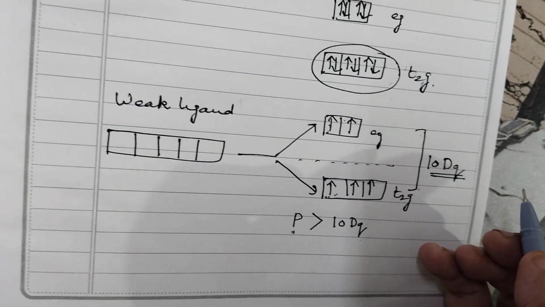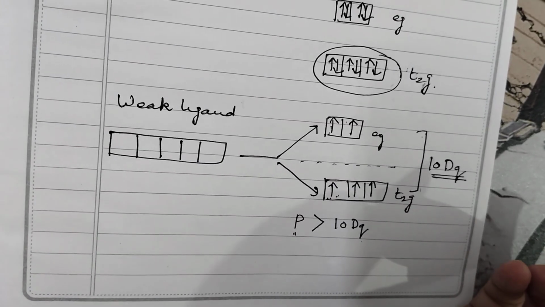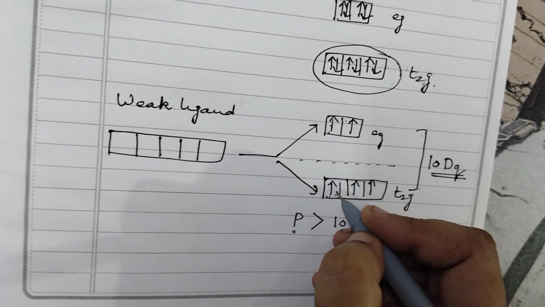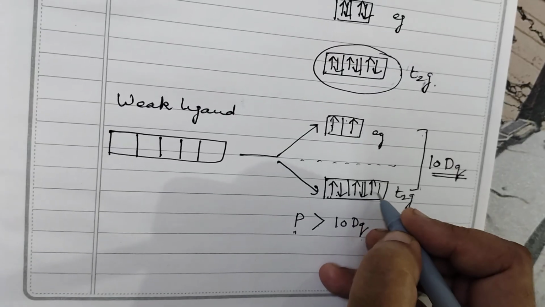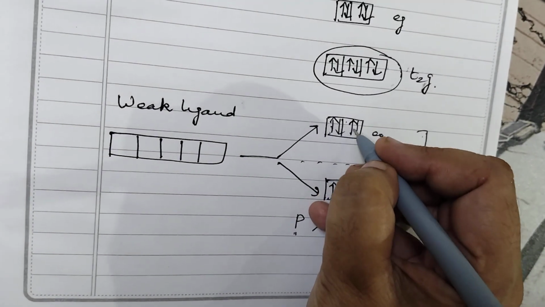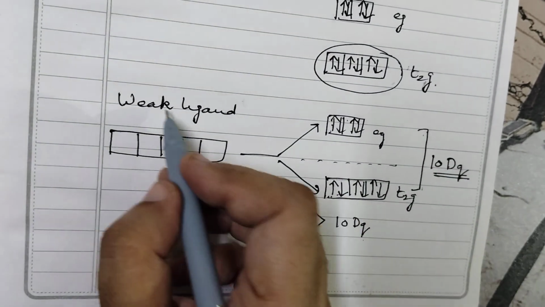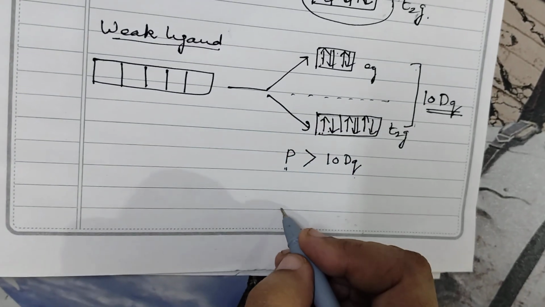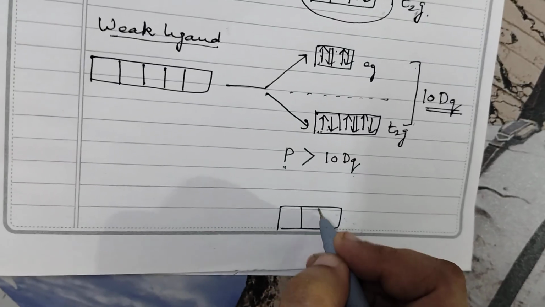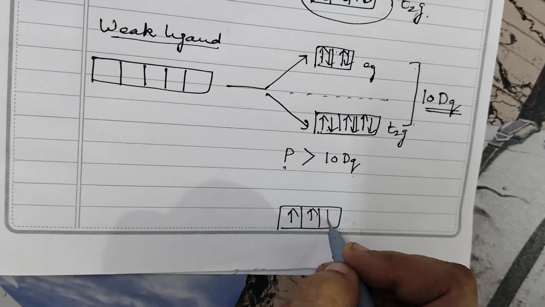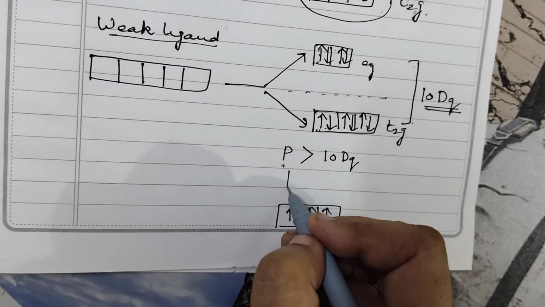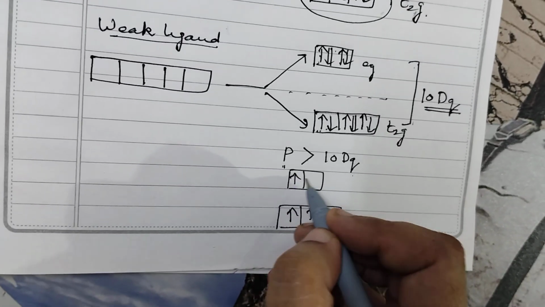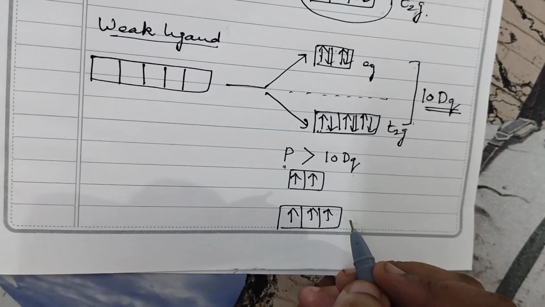And when the sixth electron has to be filled, now pairing will start. So 6th electron here, 7, 8, 9 and 10. That is, if the ligand is weak, they try to remain unpaired, because they will be filled in T2G and remain unpaired, and when they are filled in EG, they also remain unpaired. Why?